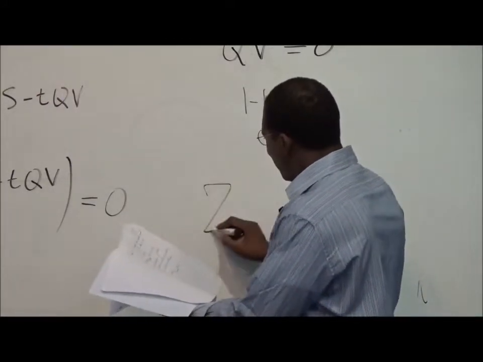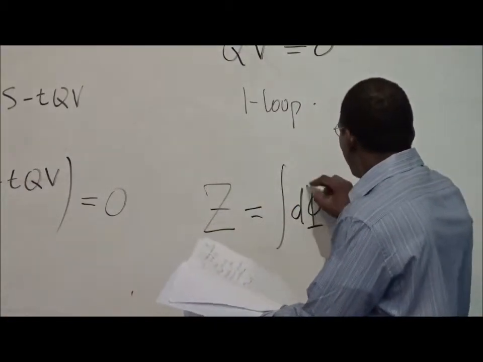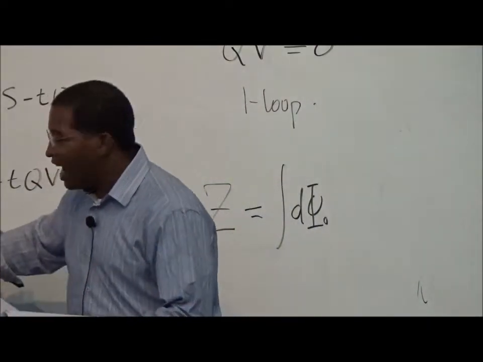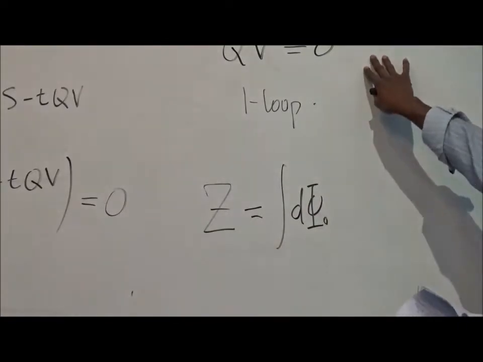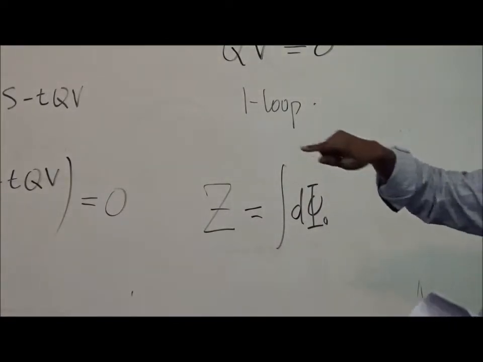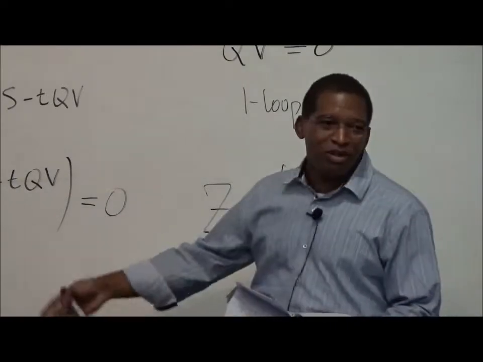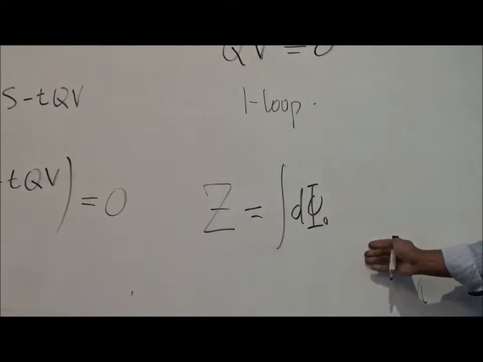So I'm going to write for you the answer. The answer of my Z of t will be phi 0. Now, instead of integrating a path integral over all possible phi, I only have to consider the phi's that make this true. And in the case that we are interested in, for this N equals 4 Wilson loop, it turns out that phi was a field, and this phi 0 is just a matrix. That's how it becomes a matrix integral.